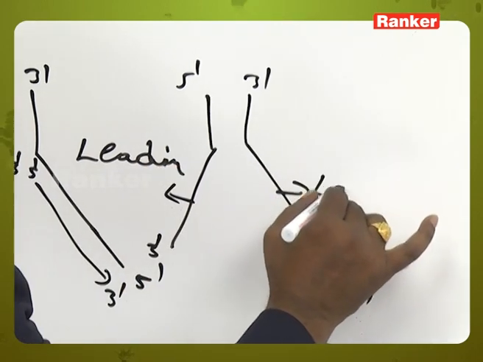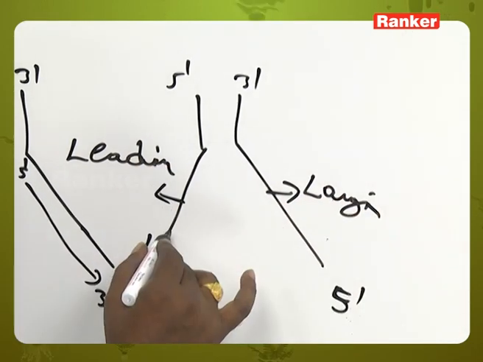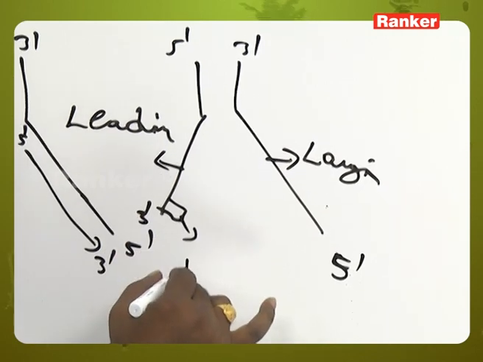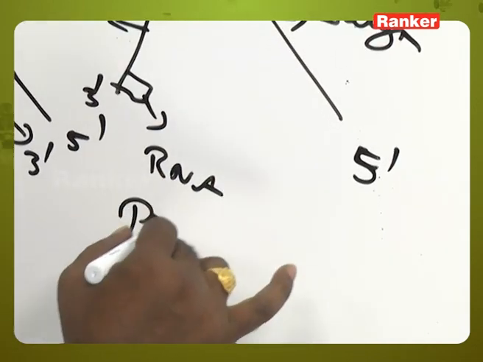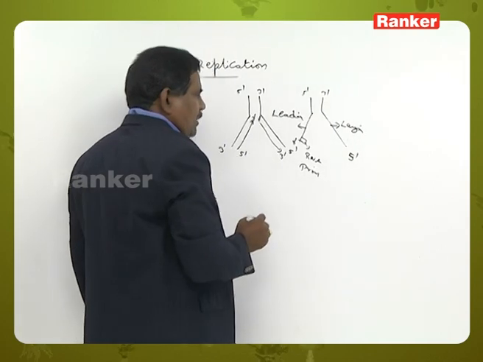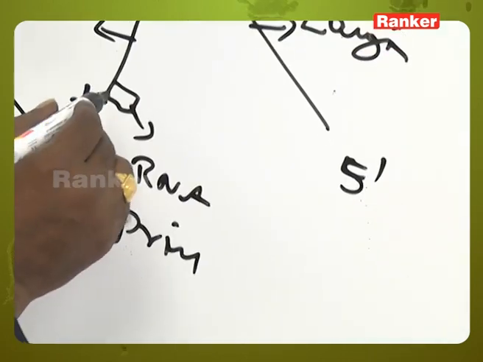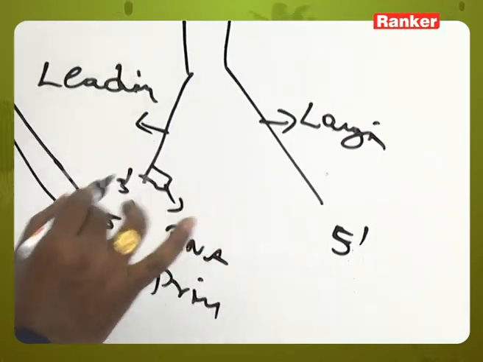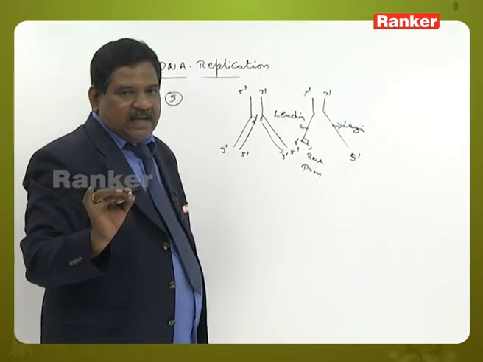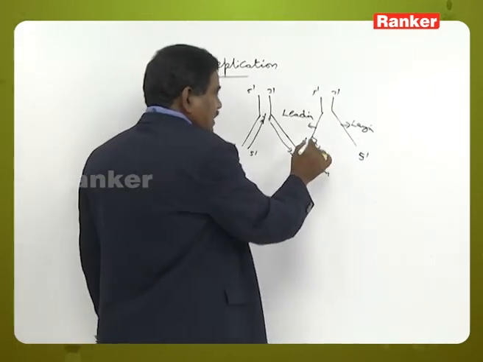It is the lagging strand. RNA primer is required for the attachment of DNA dependent DNA polymerase. So, only one anchor is sufficient for the leading strand.